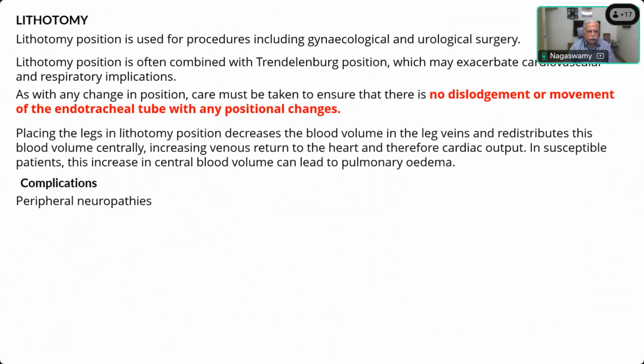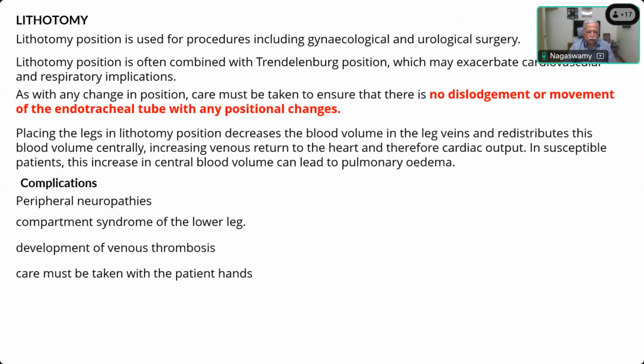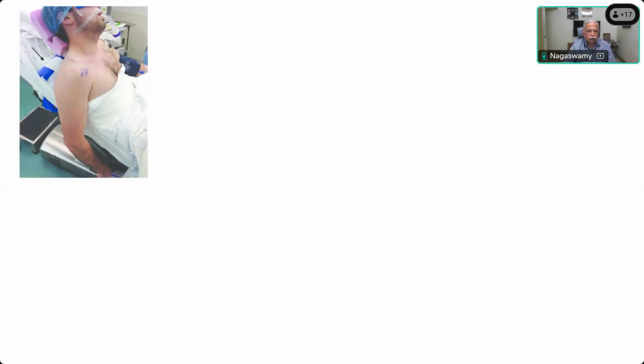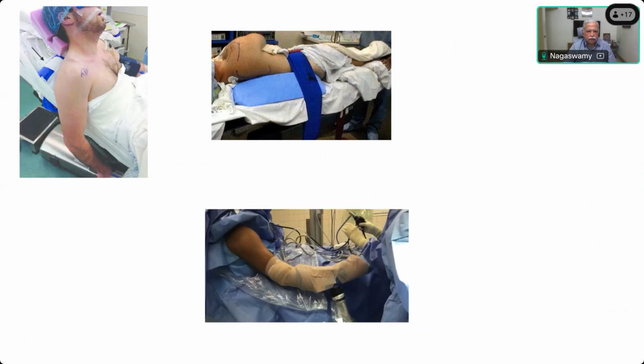So the complications which we already saw: neuropathies, compartment syndrome, venous thrombosis, and of course the patient's hand should be taken care of. These are the positions that you would commonly have seen for shoulder surgery, either in the sitting position or in the slightly lateral position.